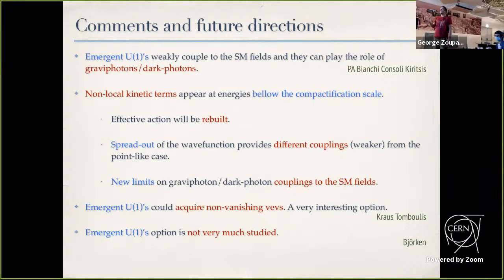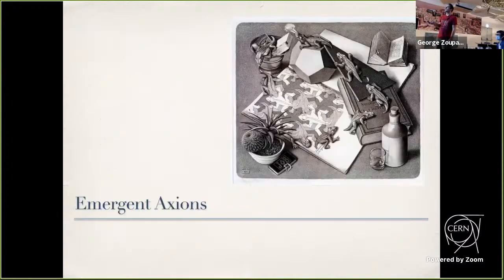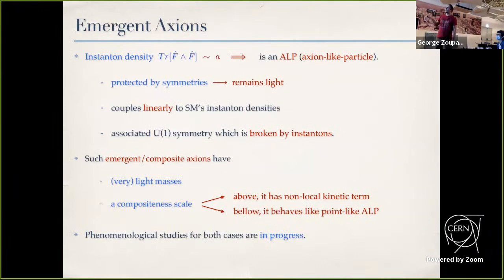We can even play a game and give some non-vanishing expectation values to the emergent U(1)s, and it's a very interesting option. This emergent U(1) story is not very much studied. Just to flash what I mentioned before, in this framework we have axions which emerge, and the unstable densities of the hidden sector behave like axion-like particles.